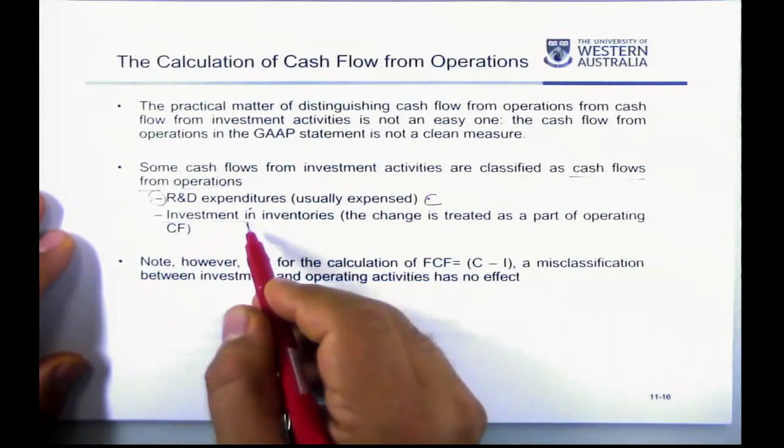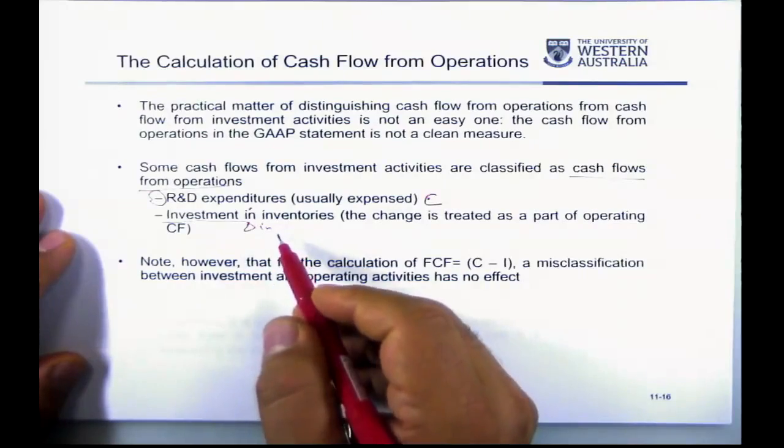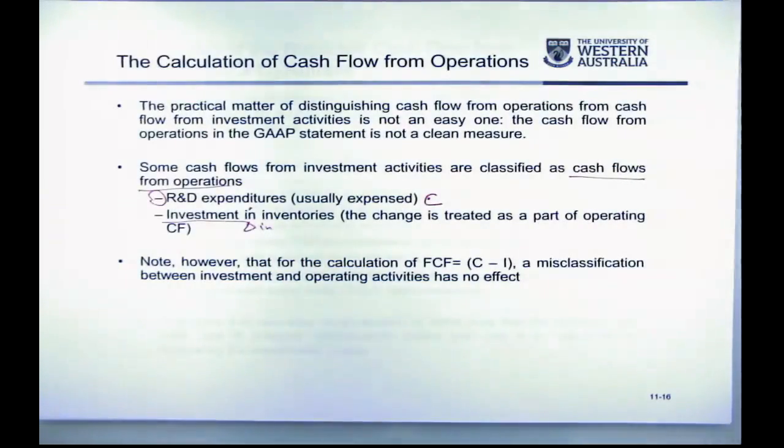Investment in inventories means the change in inventory, okay? The investment in any asset is equal to the change in that asset. For example, the investment of property, plant, and equipment in any year is just the change from this year relative to last year. That will give you the addition to these assets, okay?